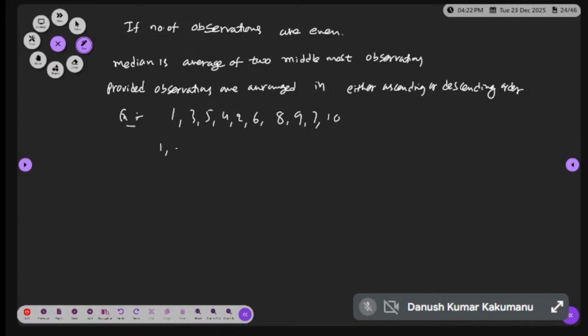Arrange them in ascending order: 1, 2, 3, 4, 5, 6, 7, 8, 9, 10. The middle ones are 5 and 6. The median is (5 plus 6) by 2, which is 5.5. You're understanding?